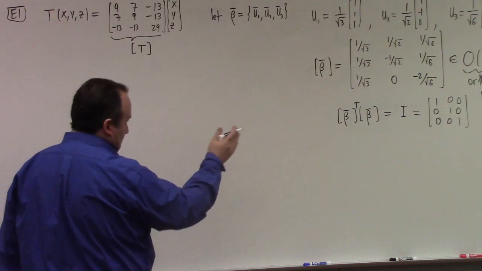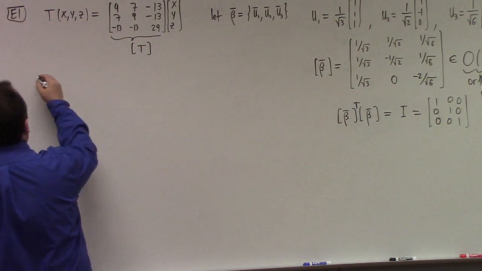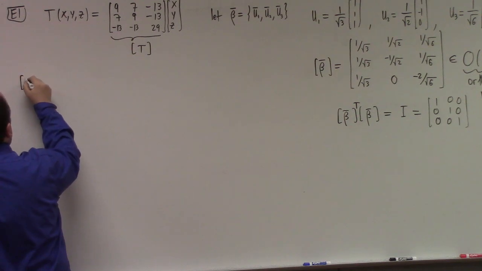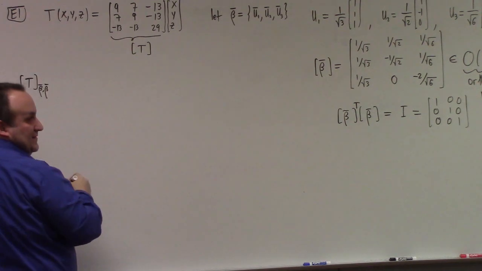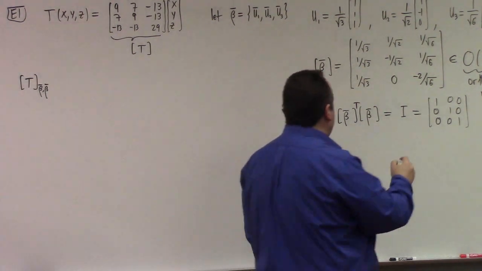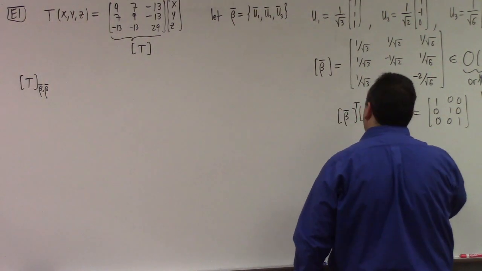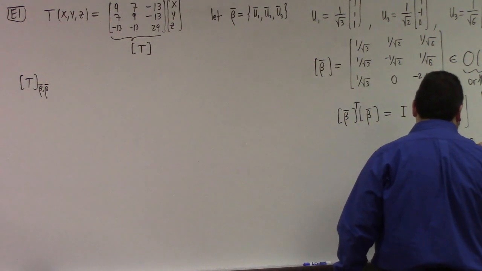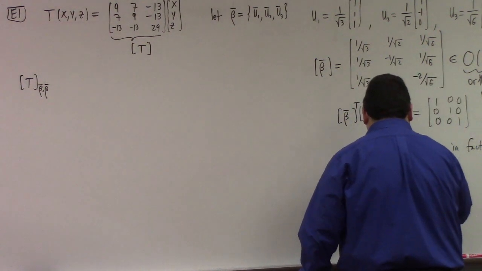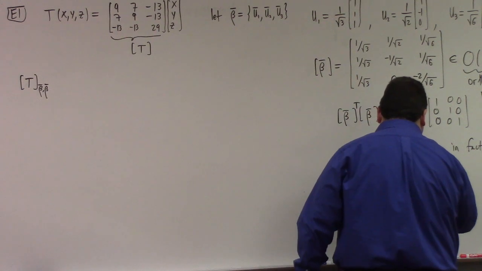All right, so let us calculate the matrix of T with respect to the basis beta. What's the determinant? It is 1. Woohoo! So since the determinant of this one is equal to 1, in fact beta bar is an element of what's called SO3.